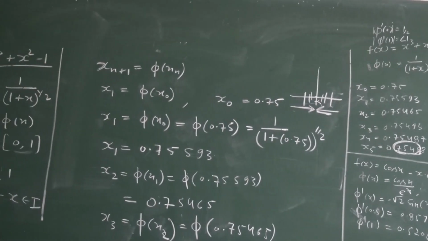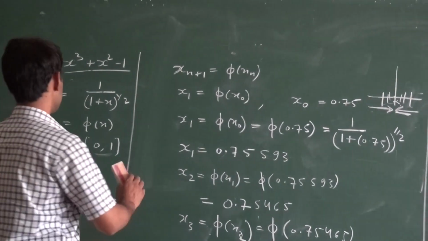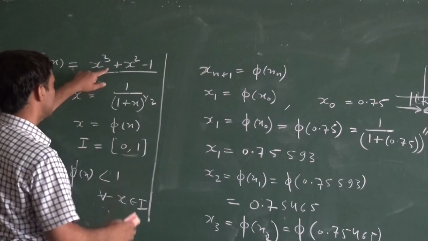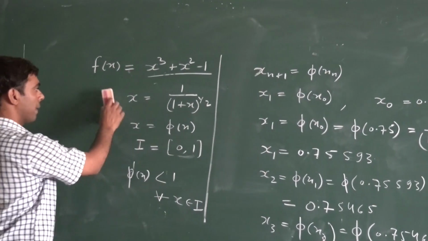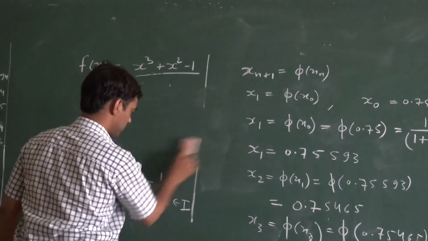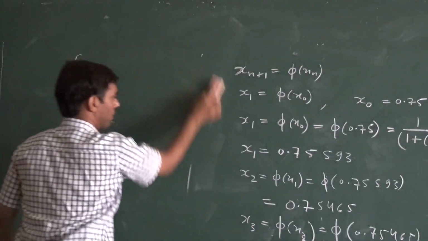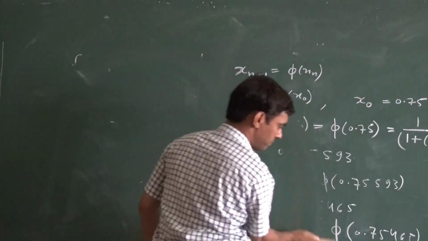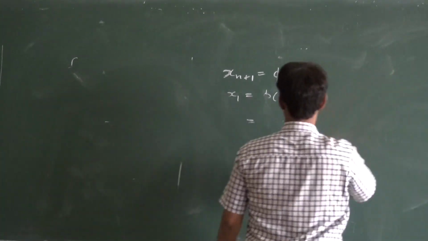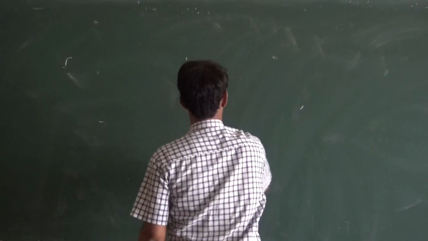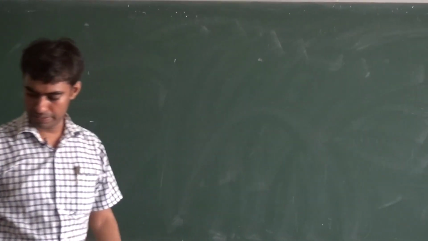So this is an example of an algebraic equation, how we solve an algebraic equation with the help of iterative methods. Next, suppose we consider a transcendental equation and try to solve it with the help of the iterative method.